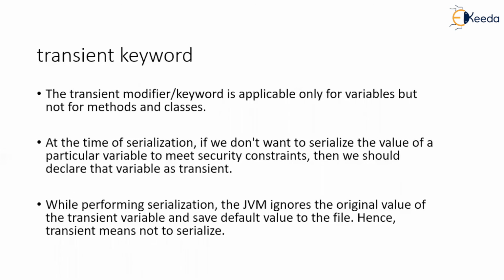They will not be preserved as a part of state of that particular object. So such variables can be declared as transient. So what happens? While performing serialization, the JVM ignores the original value of the transient variable and saves default value to the file. Hence, transient means not to serialize. That value will not be persisted.